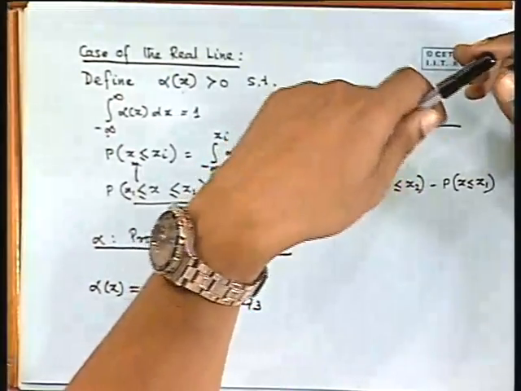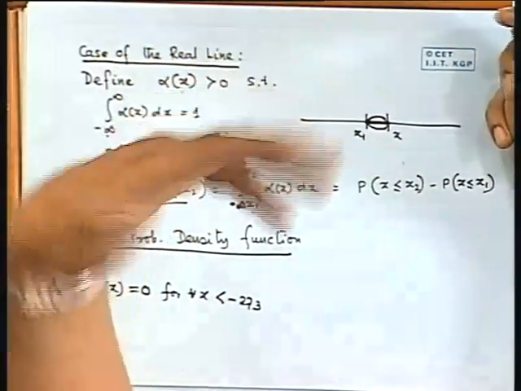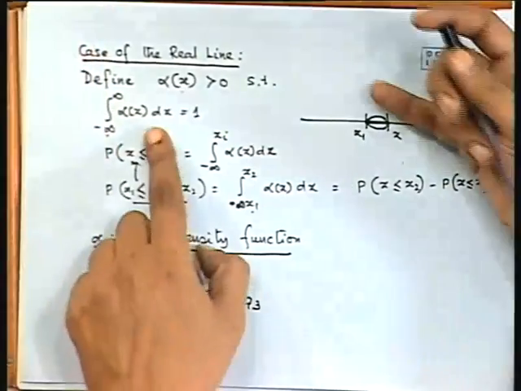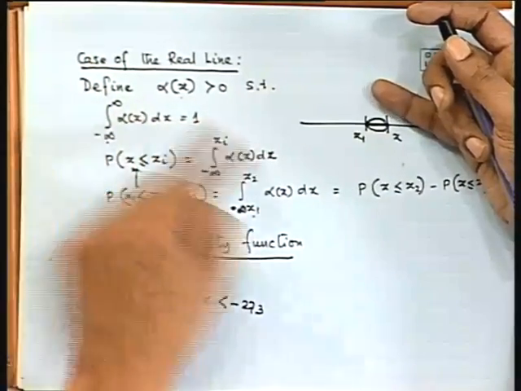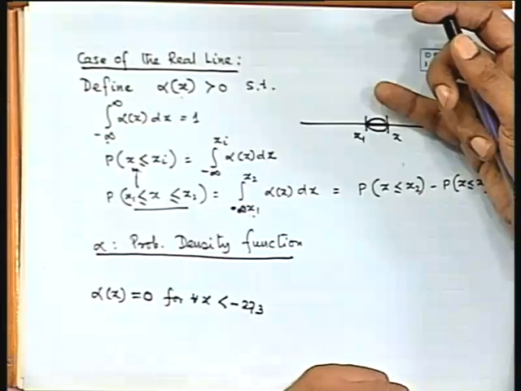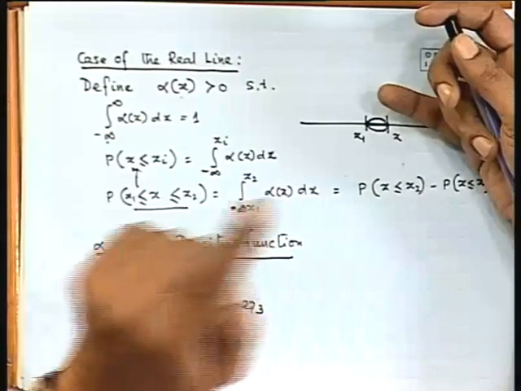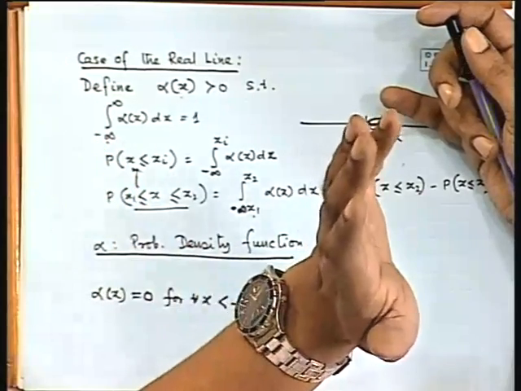Since x is a real variable, it is always going to be less than or equal to plus infinity, so its probability is 1. That's how we have defined it: we have chosen the alpha function such that this is satisfied. So the integral under the normal curve must evaluate to 1 from minus infinity to plus infinity, right?